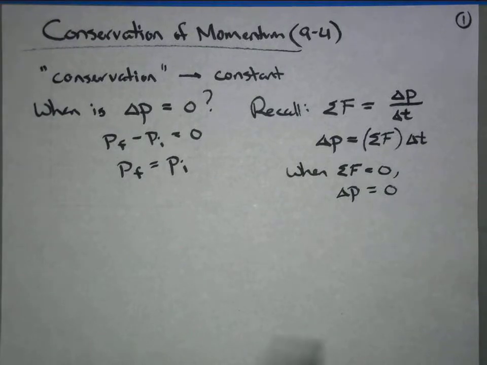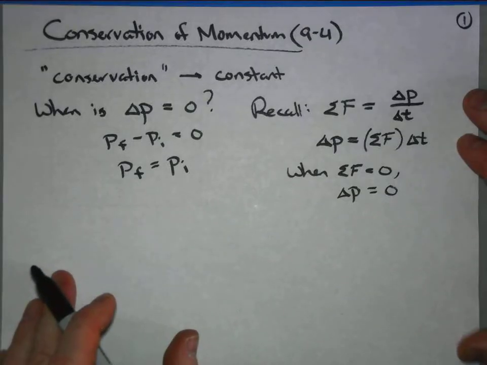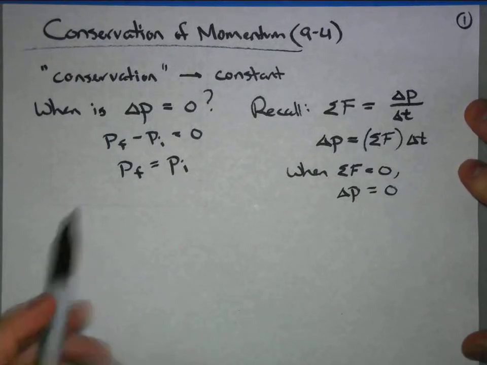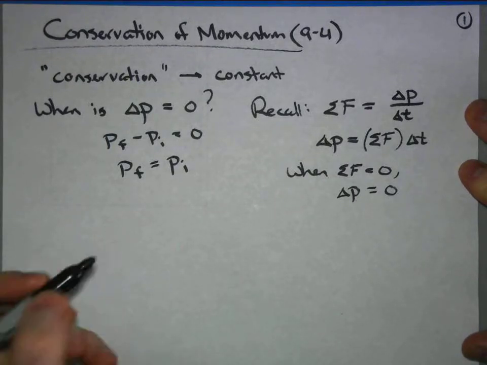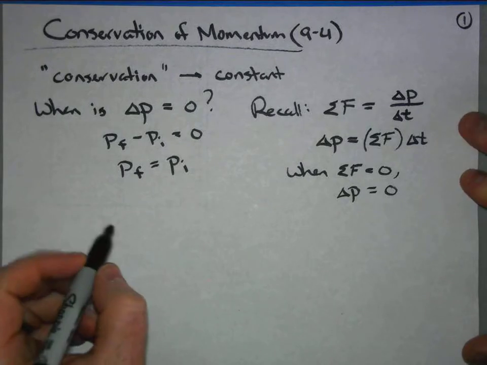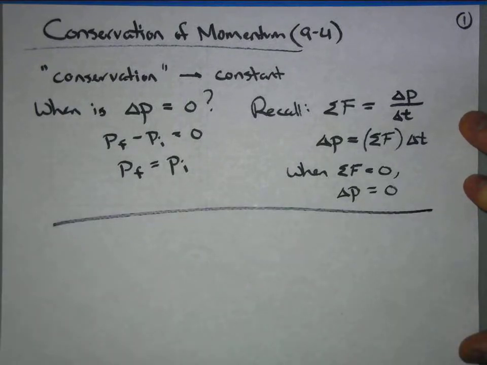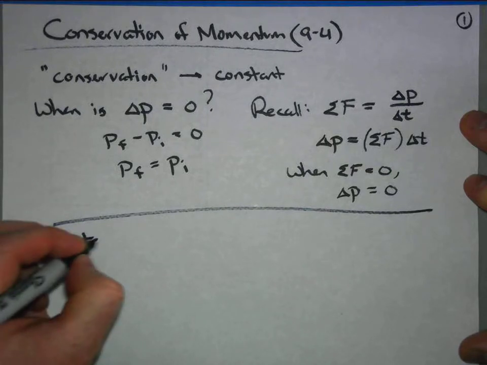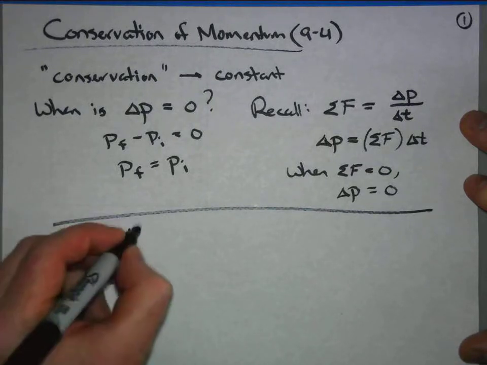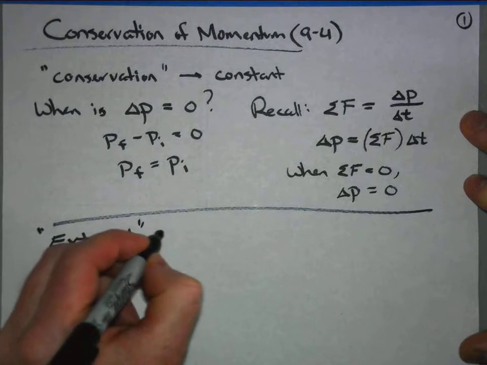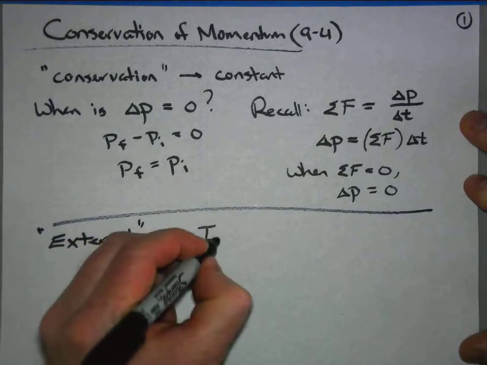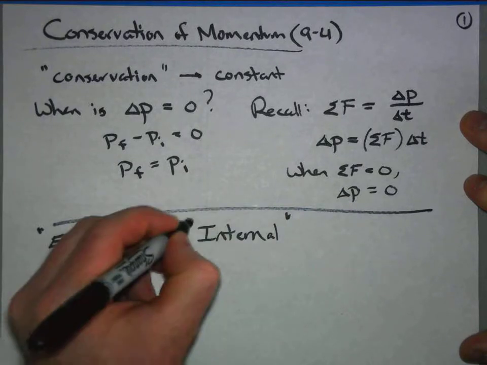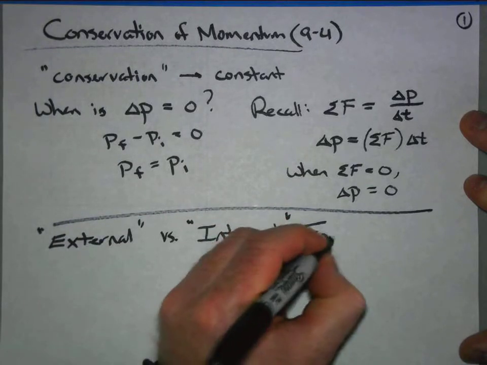So in order to make this work for us, we have to separate forces into a couple different categories. And it's pretty straightforward, pretty easy to see this. We're going to be checking out external forces and internal forces.